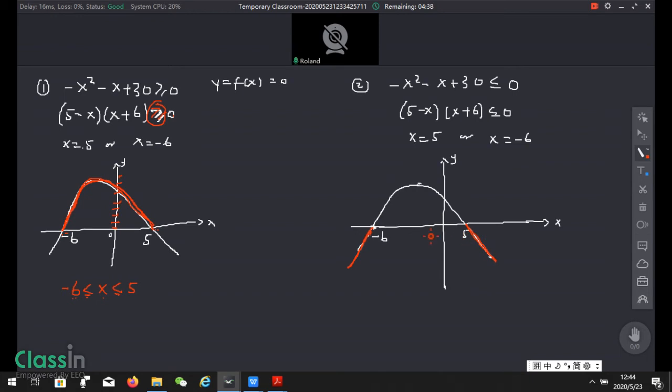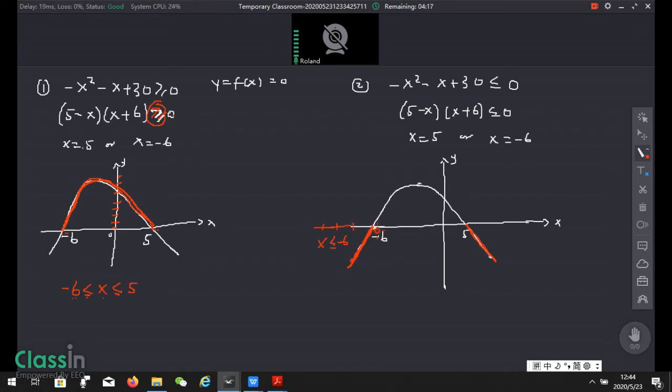Okay? So we can see clearly that this portion of the graph is x less than or equal to -6, because all the values towards the left of -6 are less than -6, like -7, -8, and so on.